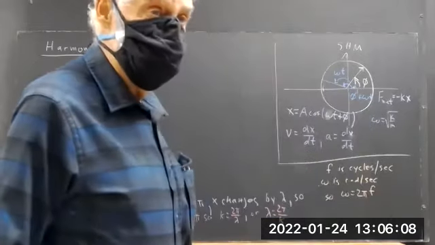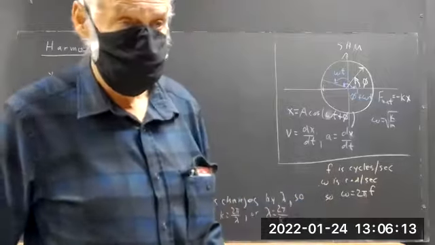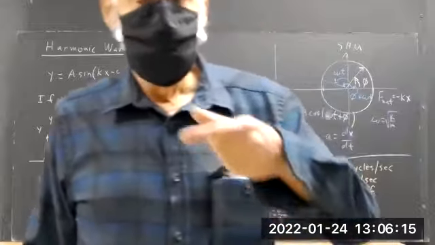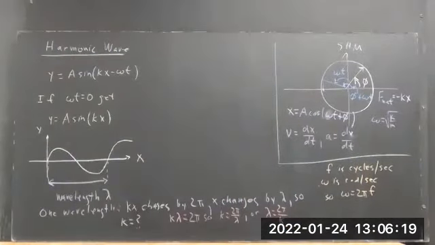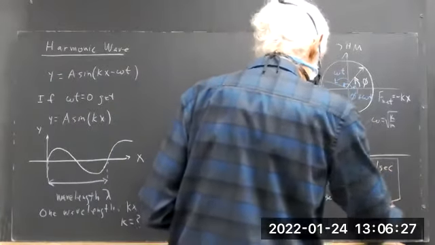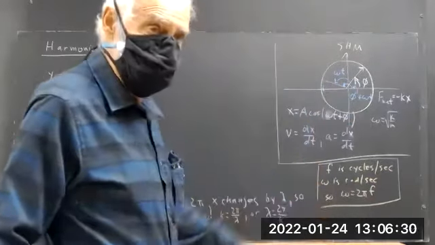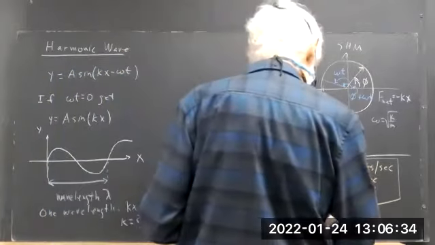Omega is 2 pi f. Now, you reasoned that out. You got that, so you want to continue to get that. You don't want to forget how to get that. You want that to be your go-to relationship between frequency and angular frequency. So now you can just do it algebraically.